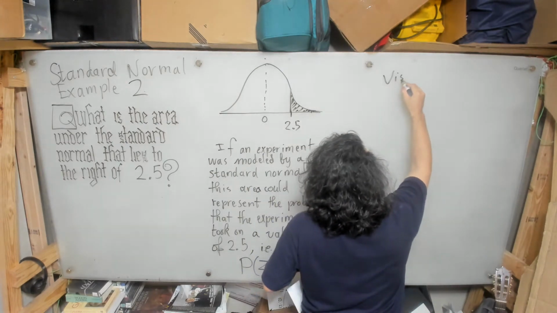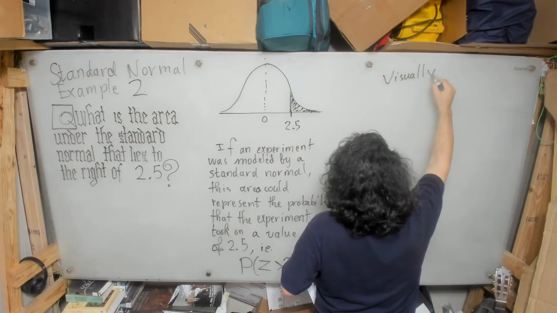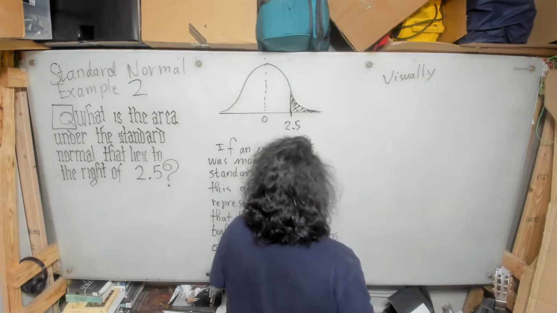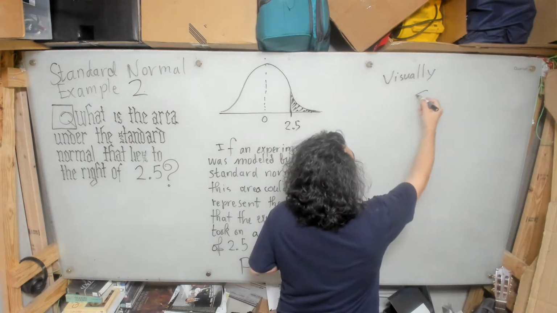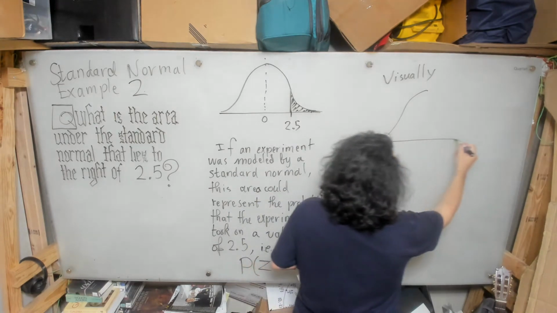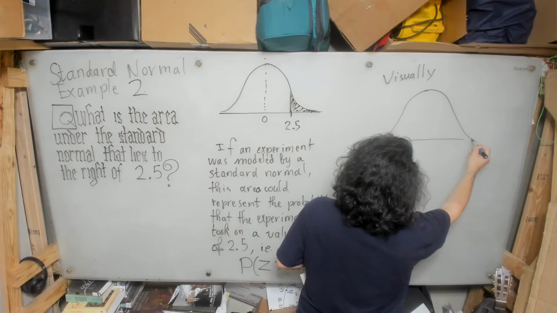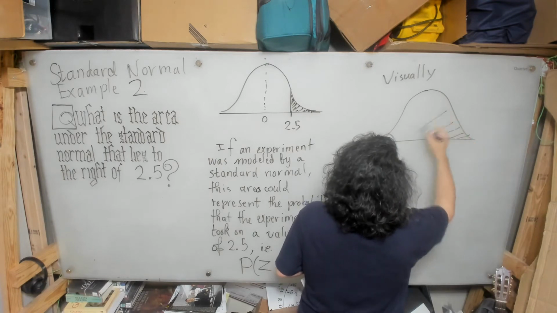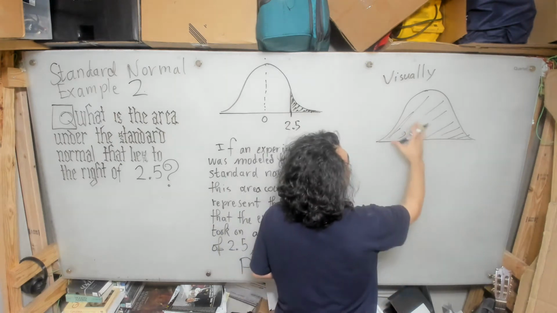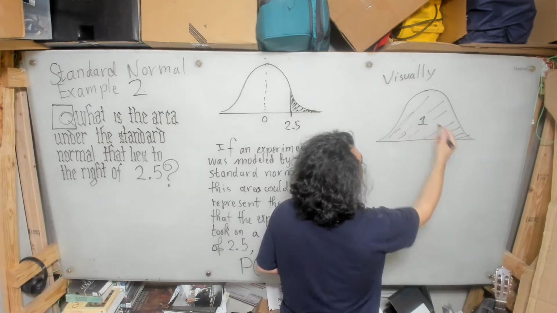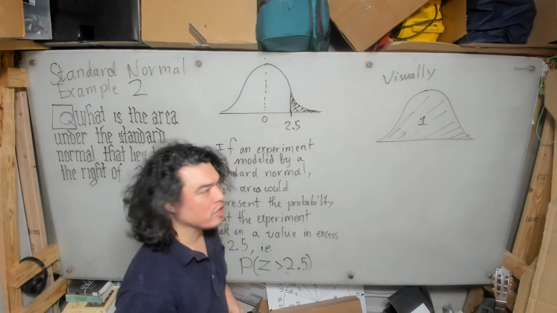So visually, the way I want you to think about this calculation is as follows. I want you to imagine that I'm going to take the area of the whole curve. The whole thing is shaded. Everything, right? What is that? Well, that has area 1, right? We talked about that in the first lecture.